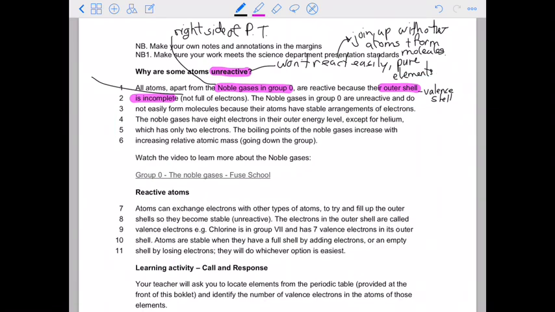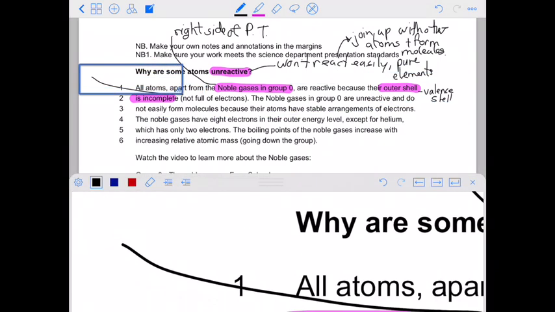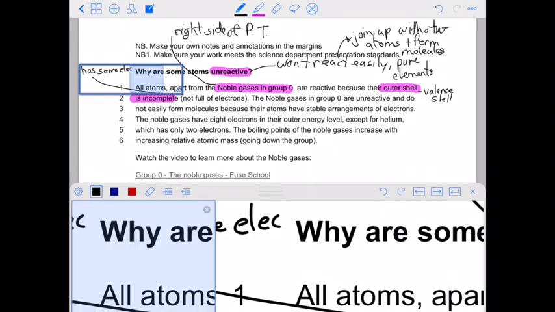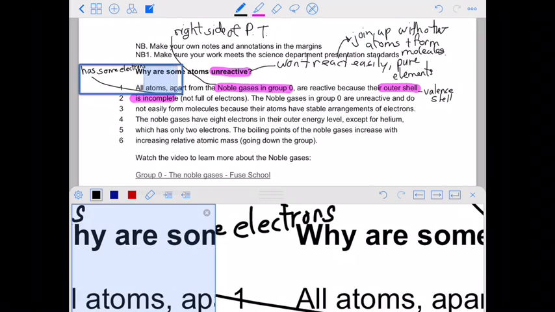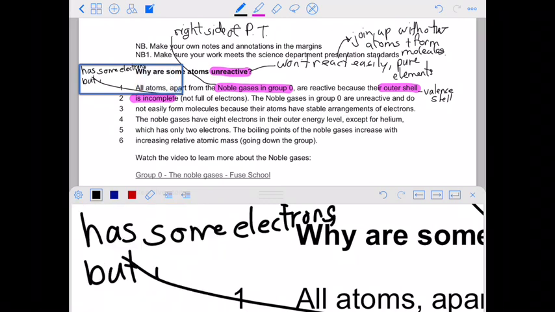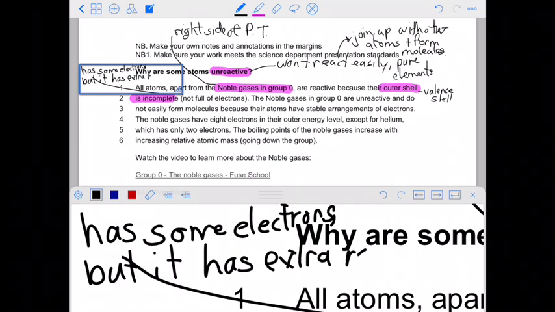So it will have some electrons, but it will have room for more than that. It has extra room. So atoms don't like having that extra room in their outer shell, in their valence shell. So they'll react to try to get more electrons or to try to get rid of electrons so that they don't have that space in their outer shell.